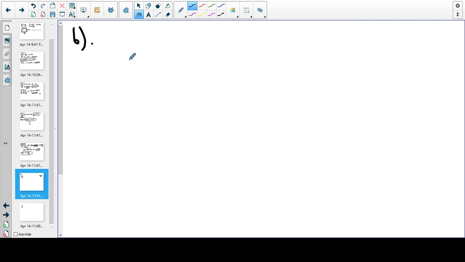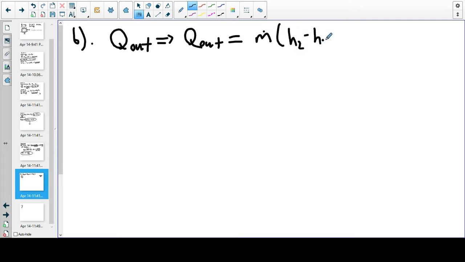And now, part B, we are looking for the heat out of the system, which is at the top of the cycle through the condenser. The heat out is just denoted as H2 minus H3 times the mass flow rate. So this one's not very tricky. No conversions really.